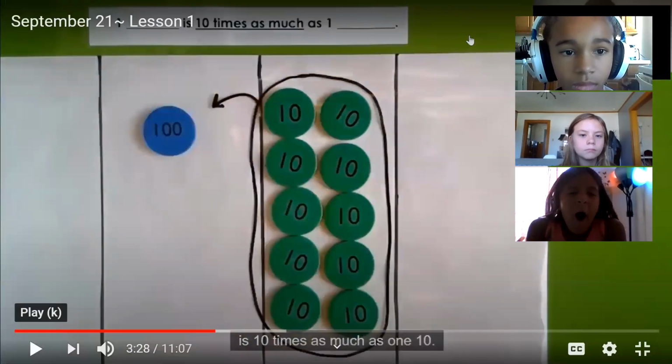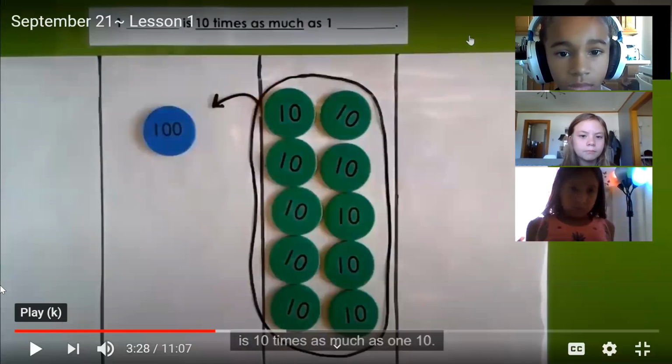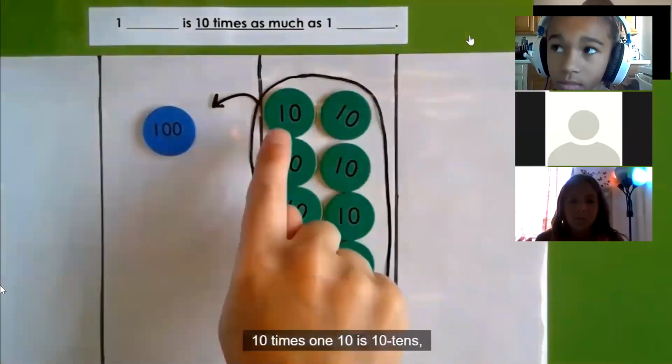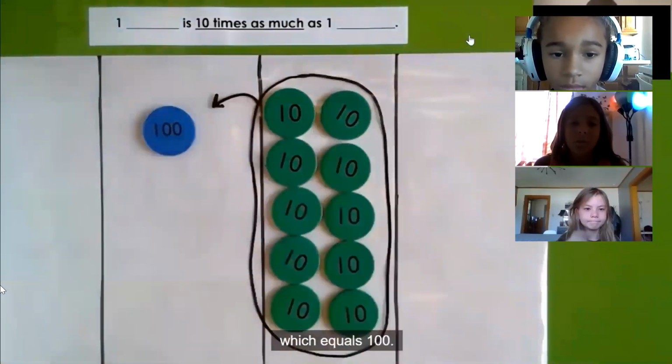So when you are saying 100, that's what you have right here with this 100 disc, 10 times as much as 10. So that's why she laid down the 10 10s in this column. 10 10s make 100. 10 times 10 is 10 10s, which equals 100.